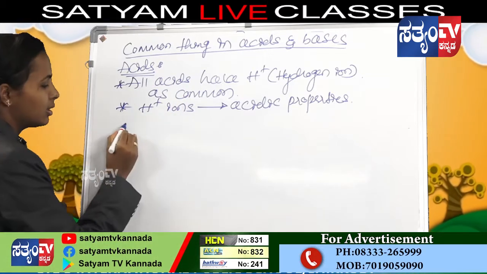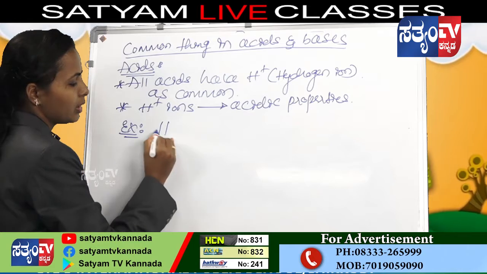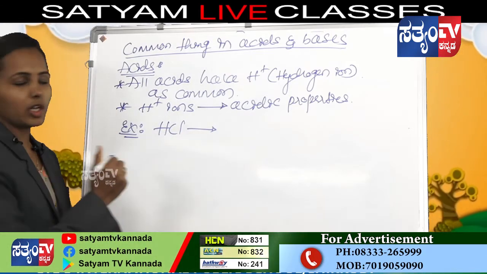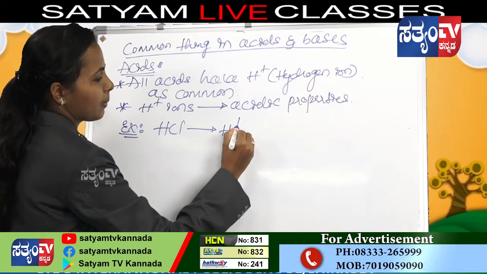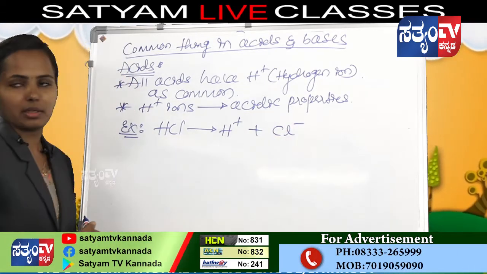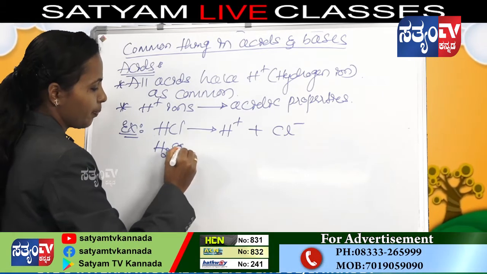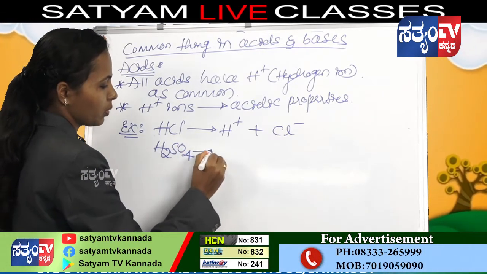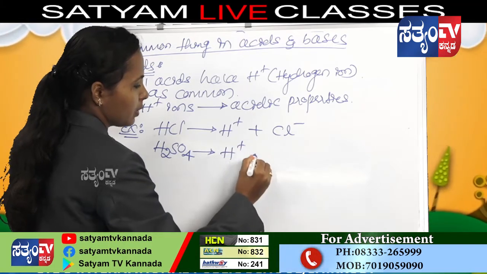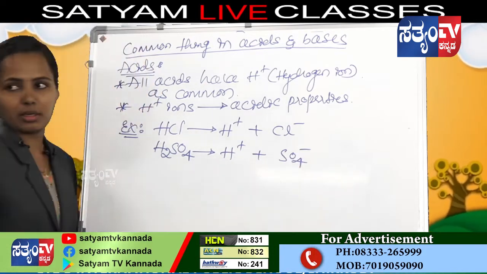Here, consider some examples. First one, HCl, it gives H plus and Cl minus. Next, H2SO4, it gives H plus and SO4 minus.